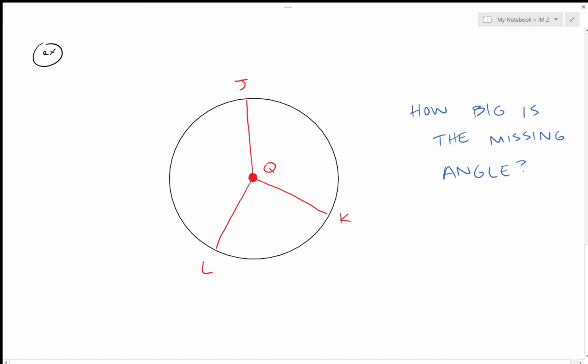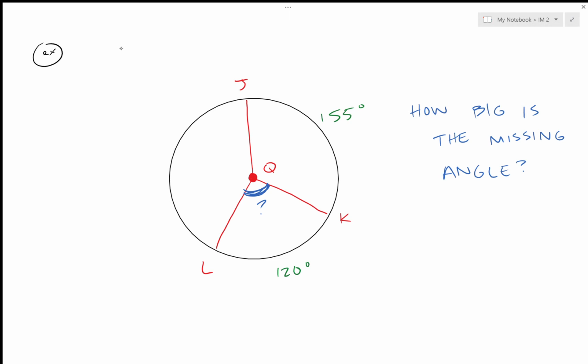And the missing angle they're referring to would be this one right here. Now they do give us some numbers over here. This is 155 degrees, this is 120 degrees, and that's it.